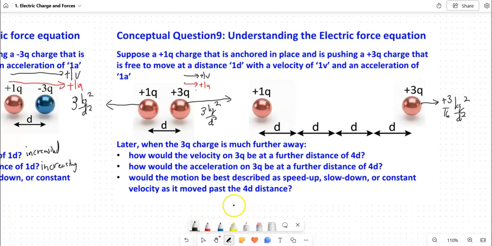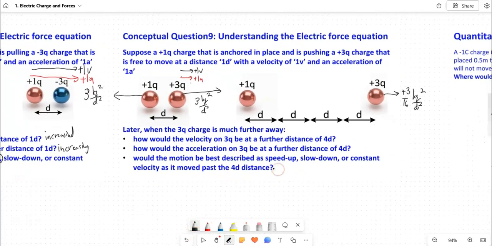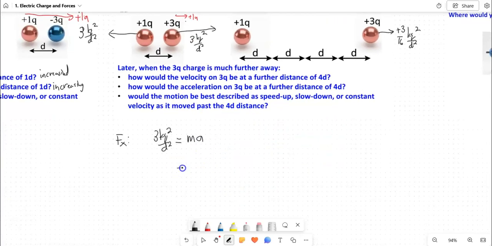Okay, so to explain what's going on, got to be careful about this. So this is going to be 3kq squared over d squared, and I'm summing the forces in the x direction over here. That's going to be equal to the mass times the acceleration. And so the acceleration here is going to be 3kq squared over md squared.